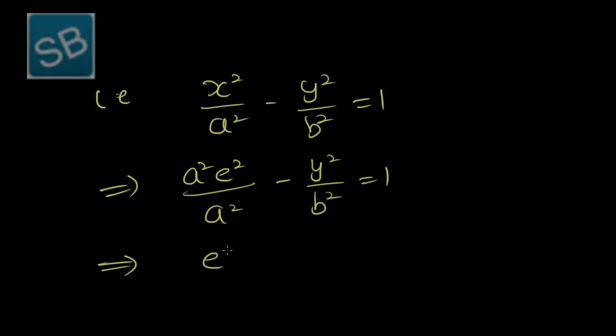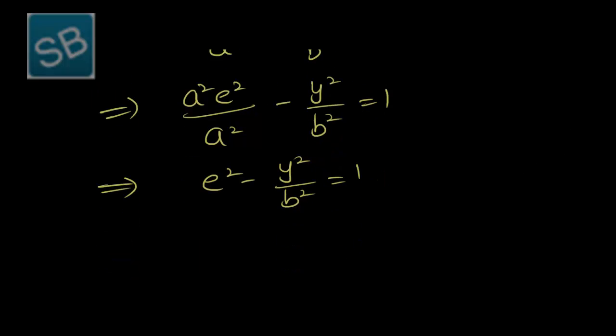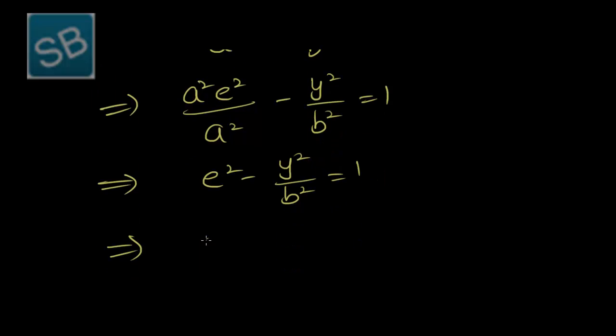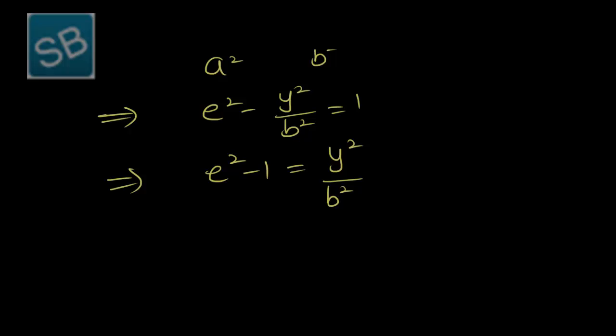That gives e square minus y square over b square equals 1. So we get e square minus 1 equals y square over b square, so y square equals b square into (e square minus 1).